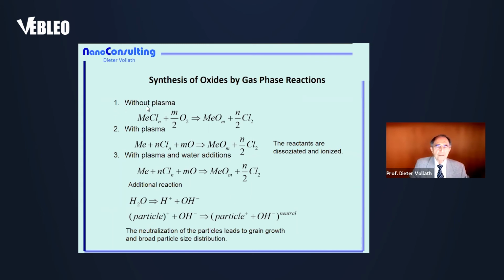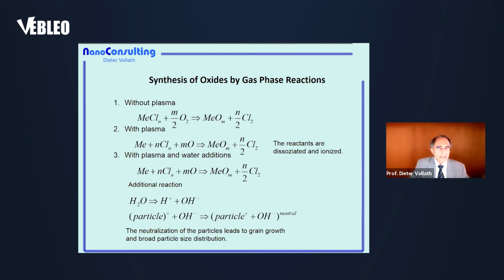When we have a conventional gas phase system without plasma, let me say we start with the chloride, we have the reaction with oxygen, and we get the oxide and some chlorine, and this reaction is in most cases above, let me say, 1200 Kelvin. In the plasma, our reactants are dissociated and ionized, and therefore this reaction will occur at significantly lower temperature.